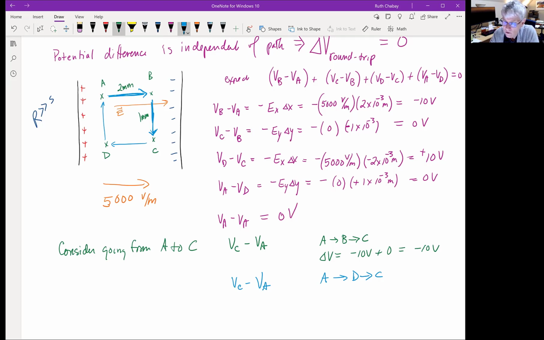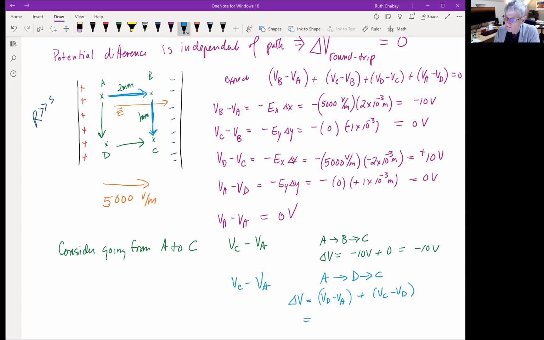Well, so now we're going, let's make that green, so now we're going this way. And so we find that the delta V is, well, we're going to want VD minus VA plus VC minus VD.